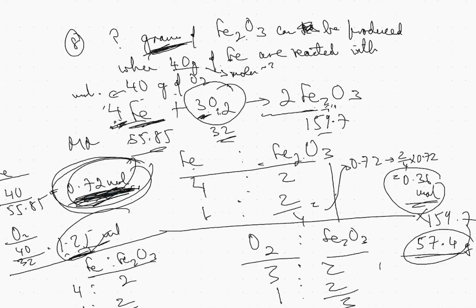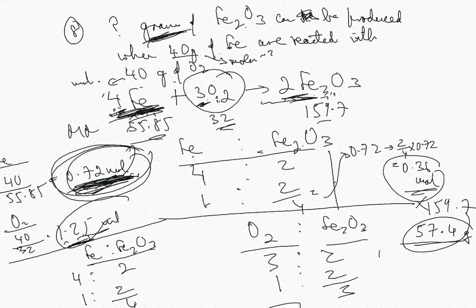So this will determine how many moles of Fe2O3 we are getting, and then I multiply it by the molar mass. It's a bit long, maybe you might think it's complicated, but look at it several times and you will see it's not that difficult. This is all calculation, so you might get tired, but it's just practice.